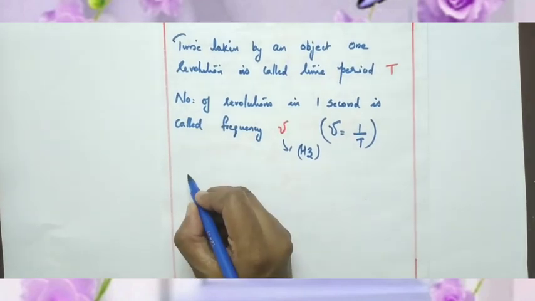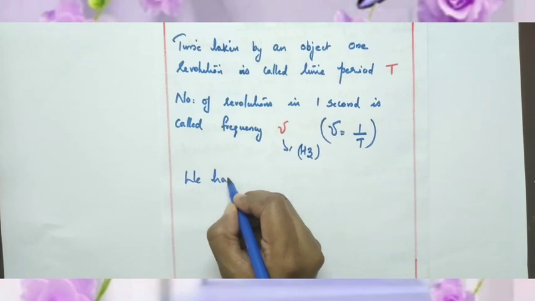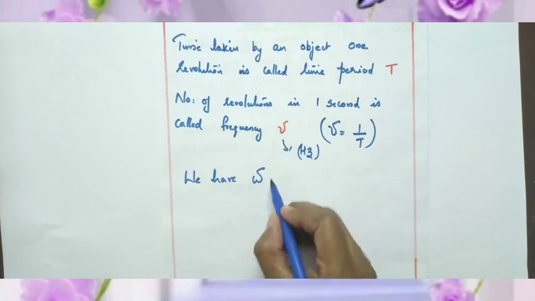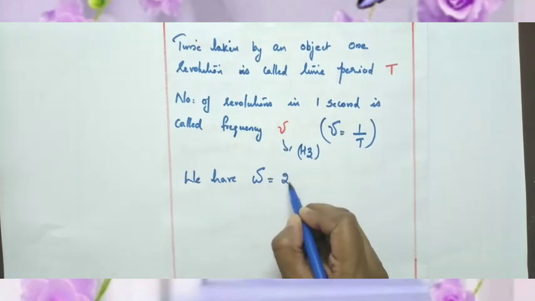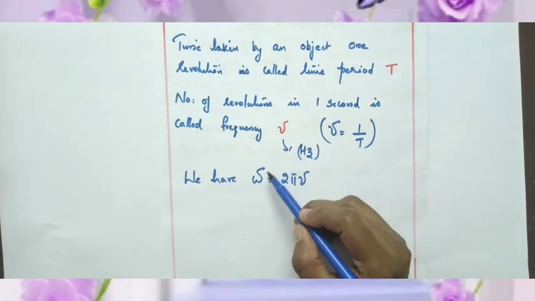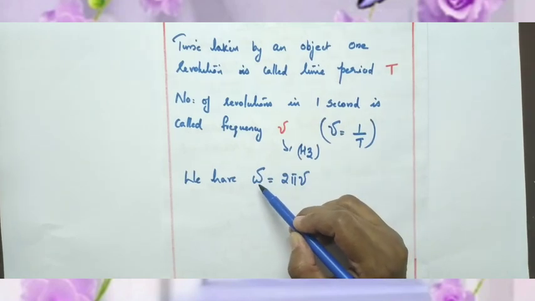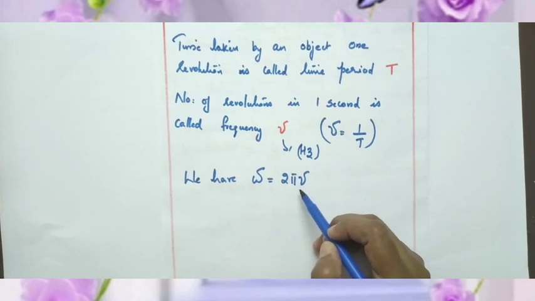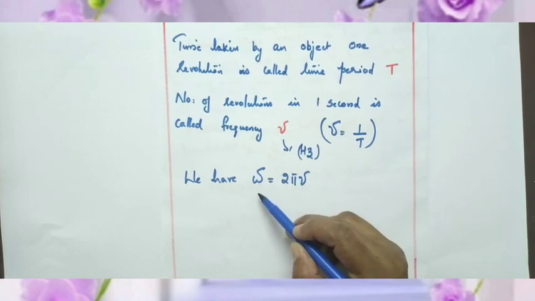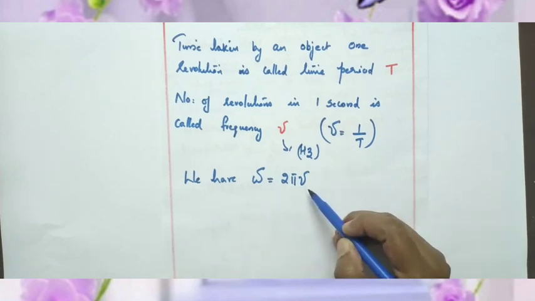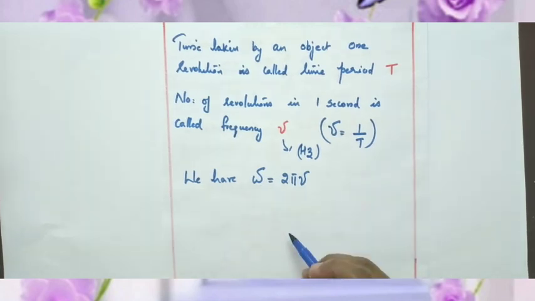And we have the relation between the angular velocity omega and frequency: omega equal to 2 pi nu. Omega is also called angular frequency or angular velocity. This is the relation between angular frequency and the normal frequency. Clear children? So omega equal to 2 pi nu.